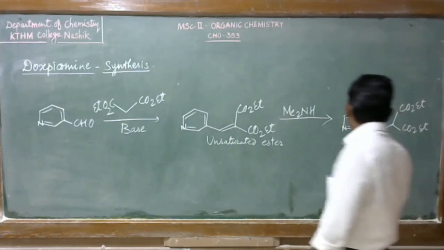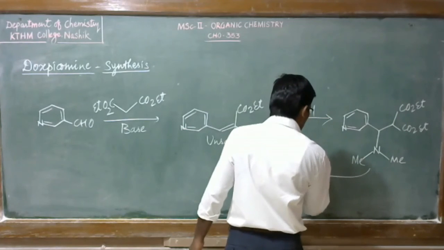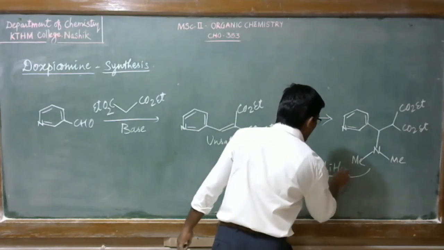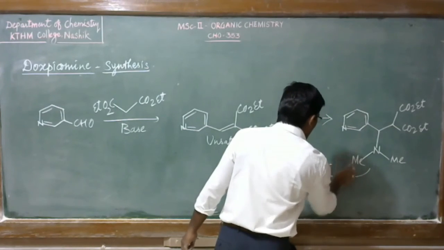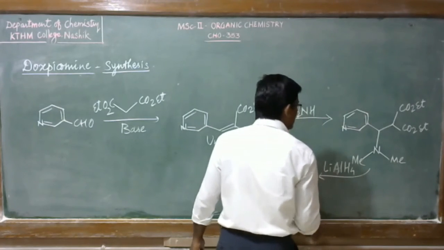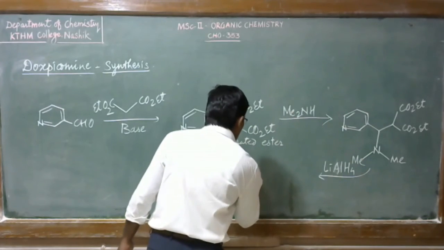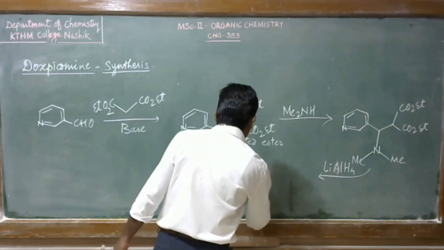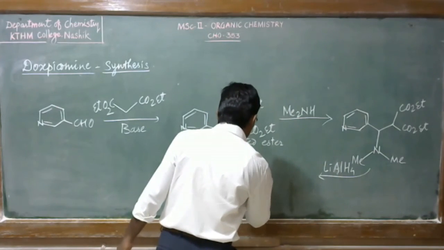Okay, in the next step, treatment of the diester with lithium aluminum hydride. Okay, so it reduces that diester moiety.